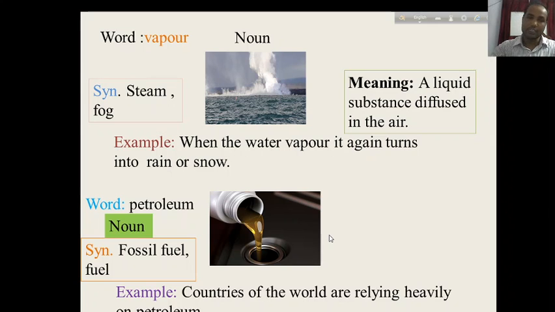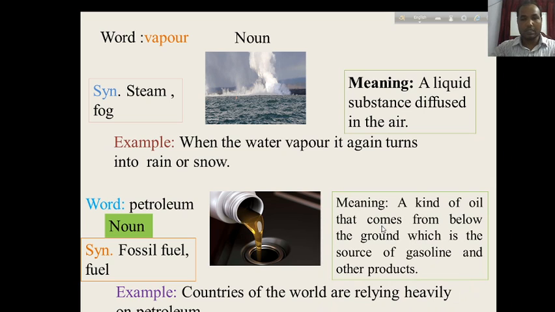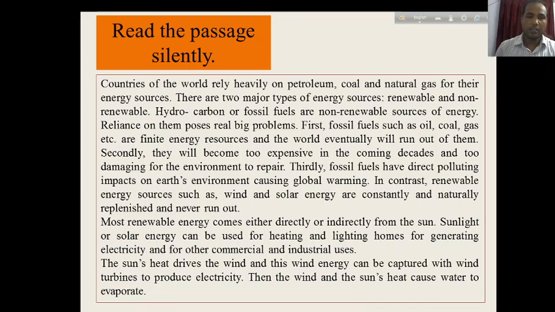I hope you have understood the meaning of the word. Let's see. A kind of oil that comes from below the ground, which is the source of gasoline and other products. Petroleum is a kind of oil that comes from below the earth, which is the source of gasoline and other products. That is petroleum.